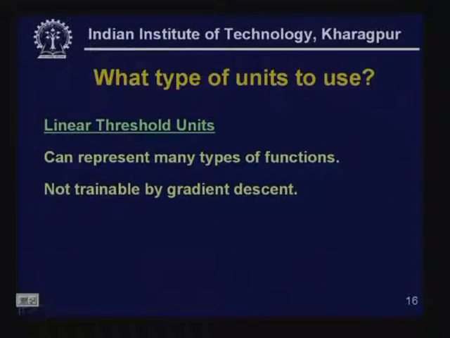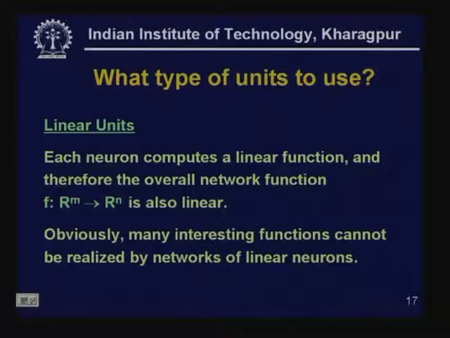Now, in the last class we discussed linear thresholding units and said that they can represent many types of functions, but they are not trainable by gradient descent. We looked at linear units which are differentiable. Unfortunately, when we want to go for multi-layered neural networks, if we take several linear units together, we do not add to representational power.